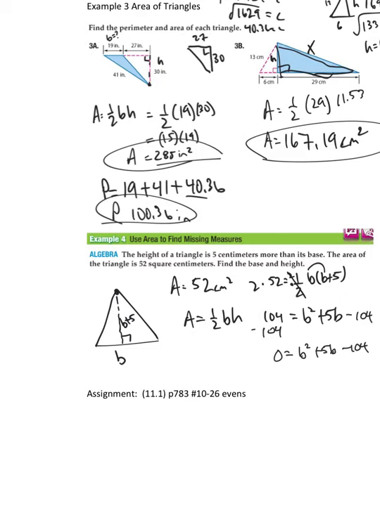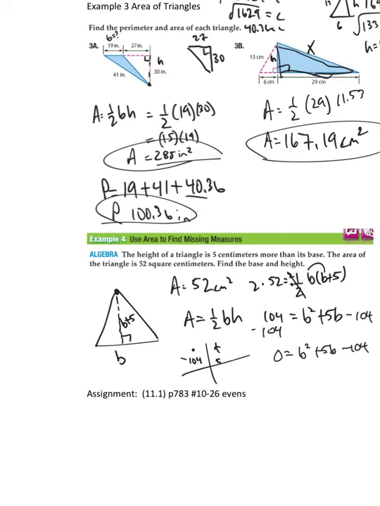No, 26 and 4 is not going to work. What about 9? Not a factor. Just trying to find some factors here of 104. 13 and 8. So guys, I'm looking for numbers that multiply to negative 104 and add to the middle term, 5.